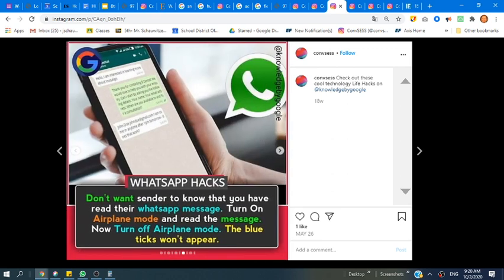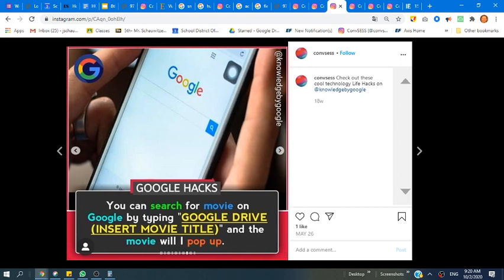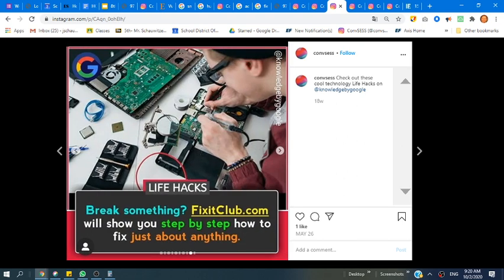Don't want the sender to know that you have read their WhatsApp message? Turn on airplane mode and read the message. Now, turn off airplane mode. The blue ticks won't appear. You can search for a movie on Google by typing Google Drive insert movie title, and the movie will pop up. Kind of cool.